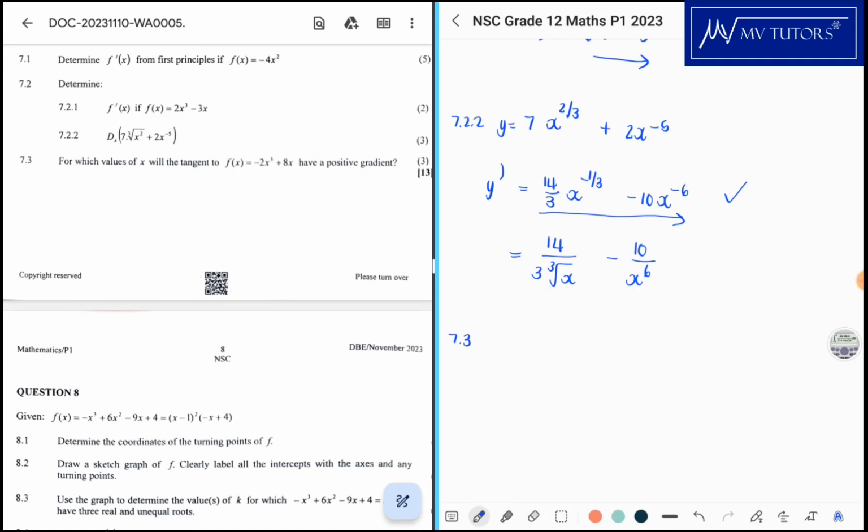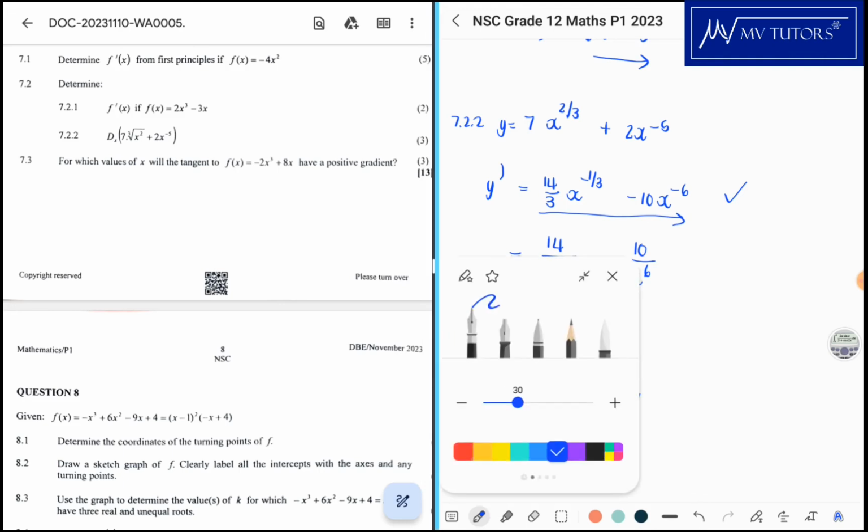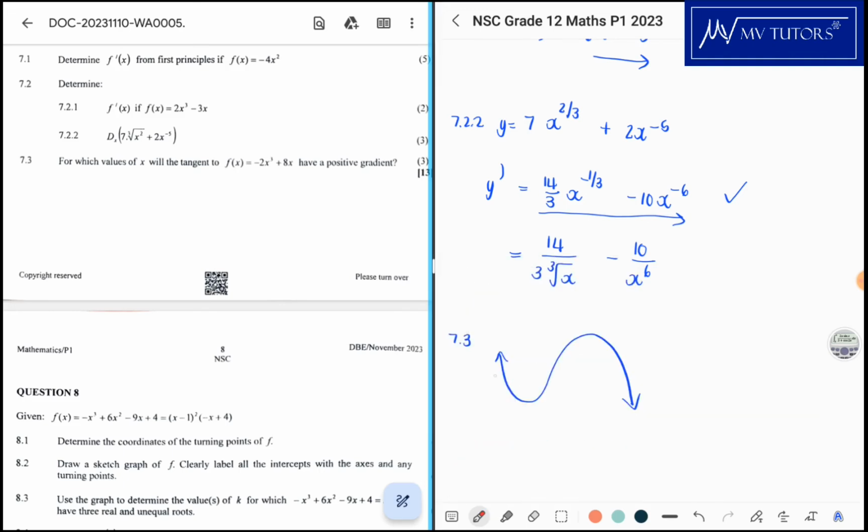Remember, a negative cubic function has a sad face at the end. All right, let me just remove that. So this is what we have. Now it says, for which values of x will the tangent have a positive gradient? Now, using a different colored pen, here we have a negative gradient. And here, our gradient is 0.